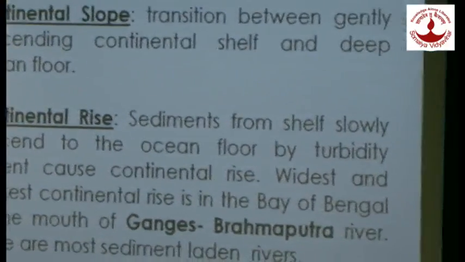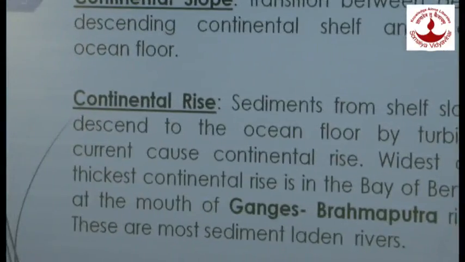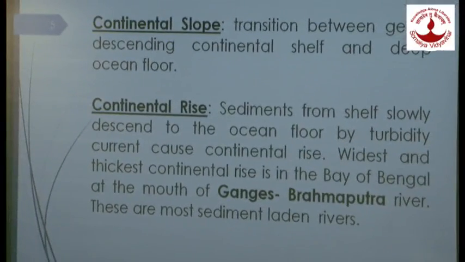Now what is this continental rise? See, the sea floor is not even. It has trenches, it has a number of volcanic eruptions, etc. All the sediments which come also accumulate and form a mound.